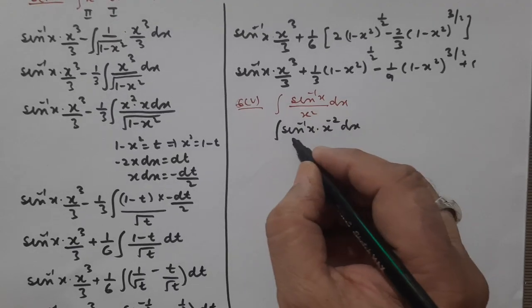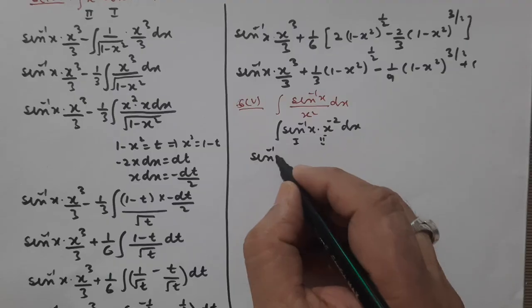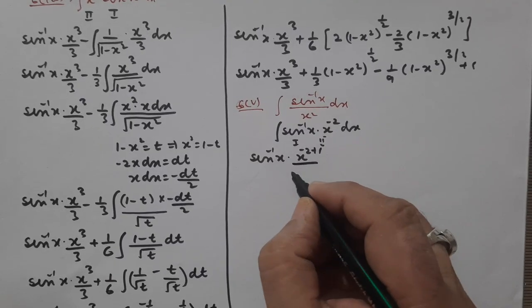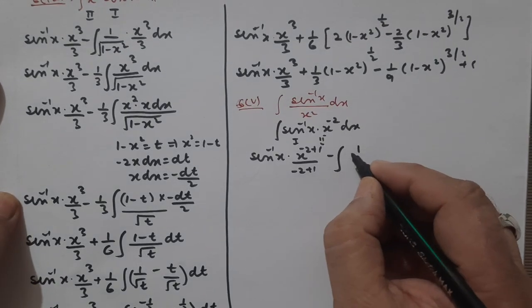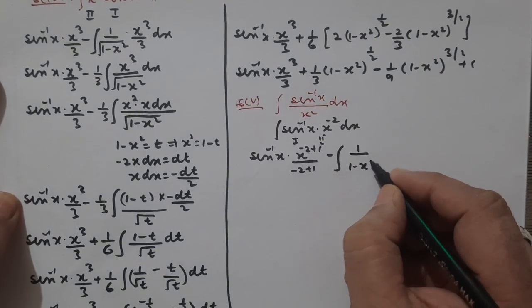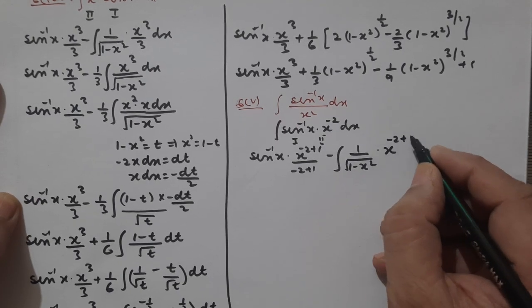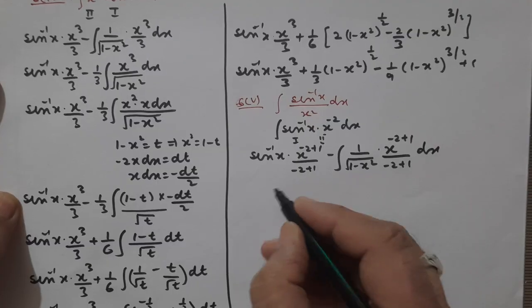Now integrate. So what do we write? First function, integral of second function, which is x power minus 2 plus 1 upon minus 2 plus 1, then minus the integral of derivative of first into the integral of second, x power minus 2 plus 1 upon minus 2 plus 1 dx.